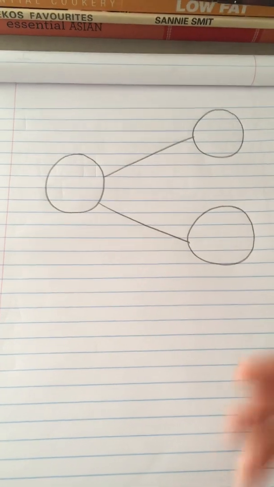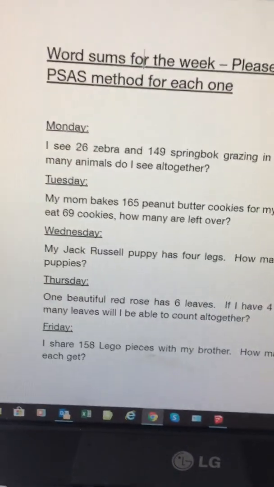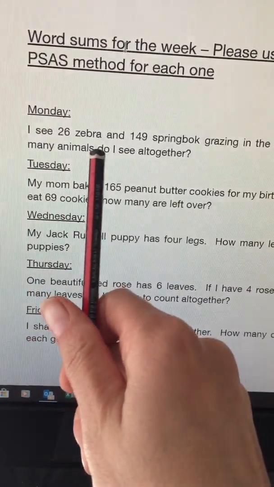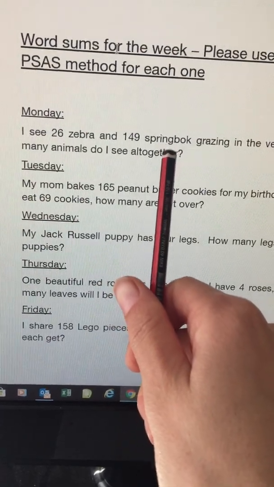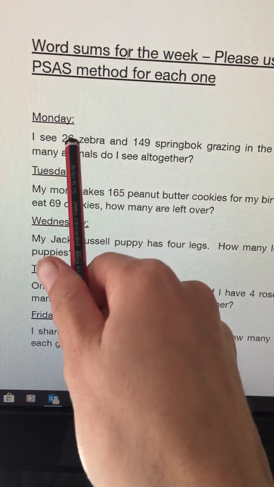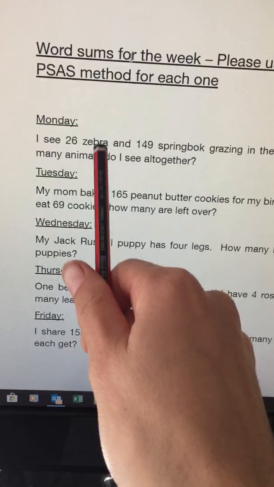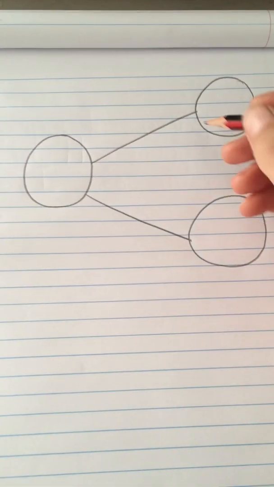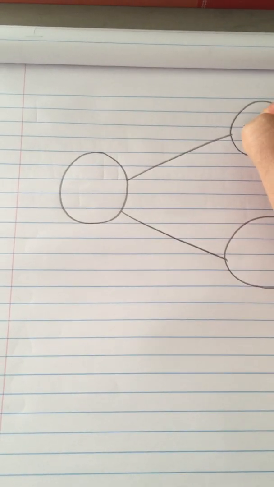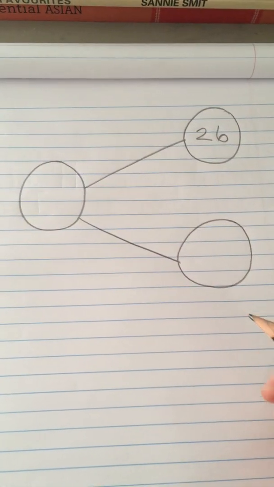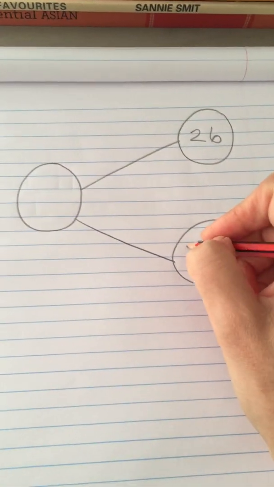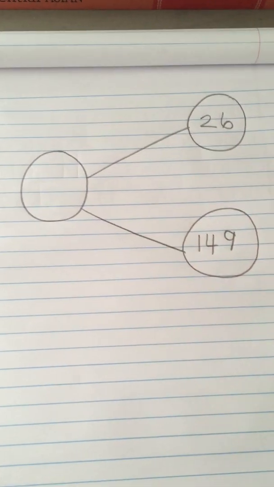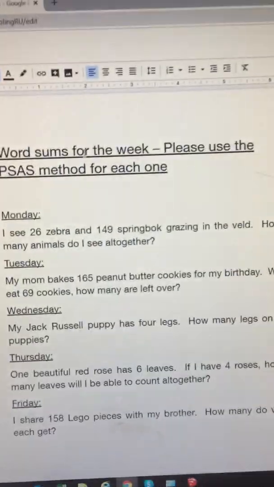So when I look back at my word sum, I see 26 zebra and 149 springbok. So those are my two parts. I've got 26, that's my one part, and 149 is my other part. So you draw something that looks like this. So the one part is 26, there's my zebra, and 149 springbok. Now the question was, how many animals do I see all together?